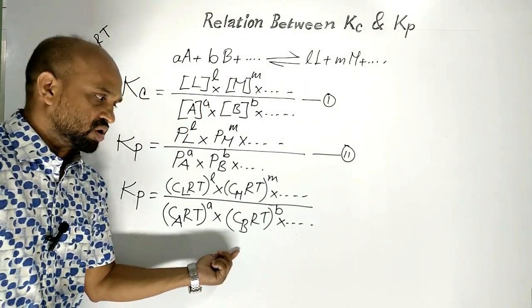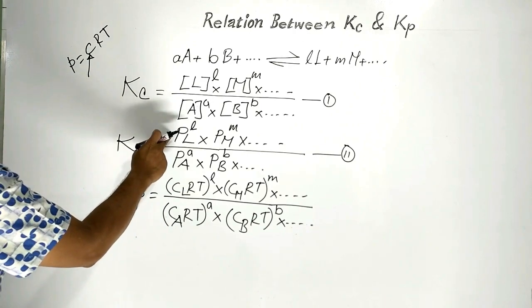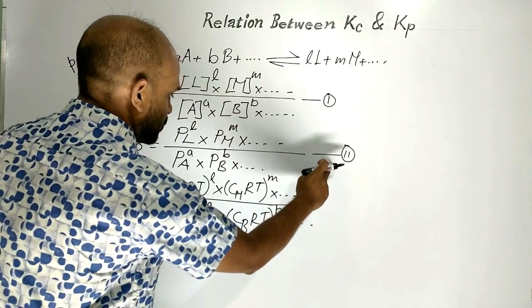This is the equation we got, putting the value of P in equation number 2.